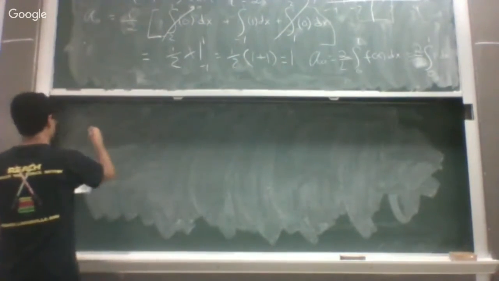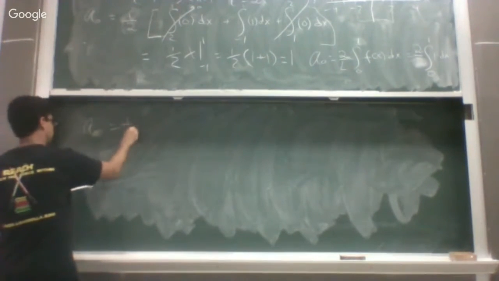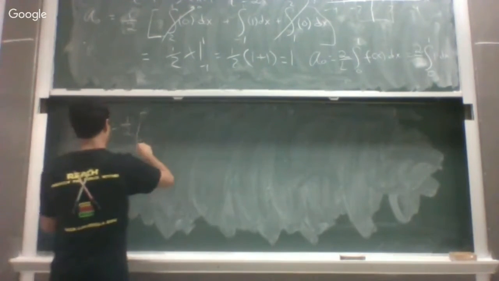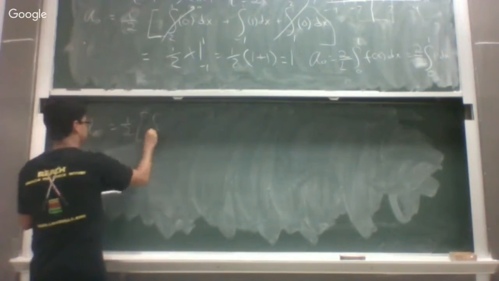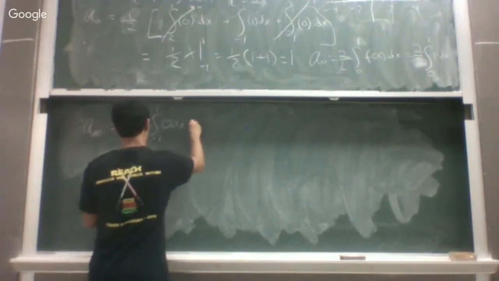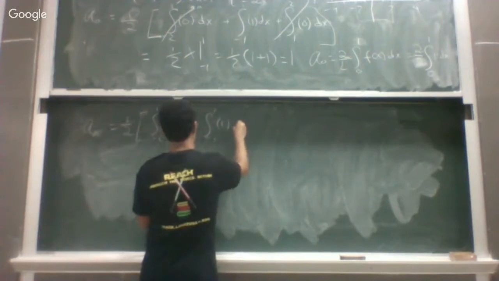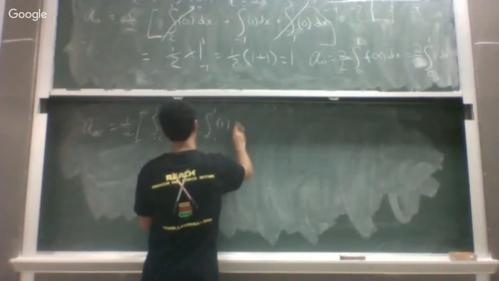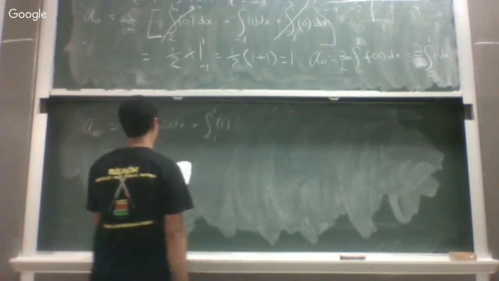So the next part is finding a sub k, or a sub n, whichever one. So for that, we have 1 over L, which is 1 over 2, going from -2 to -1, which is a 0, dx, plus -1 to 1, f of x is 1, times the cosine.